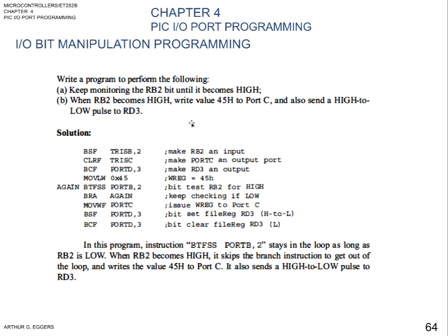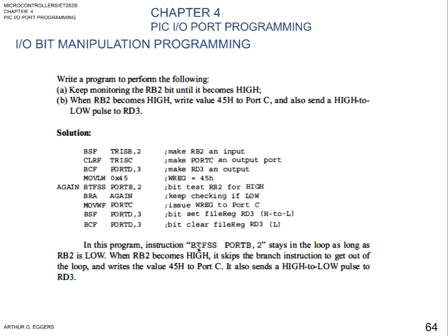Got an example here that we can take a look at, and you can see we've got our set and clear values. Right here we've got our skip if set value. So if it saw a high there, it would skip that step and move on with the instruction.